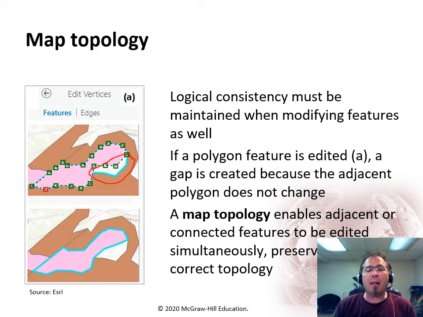The map topology enables adjacent or connected features to be edited simultaneously. As you're editing, it's automatically maintaining that there's not a hole there, and it will also recalculate areas and things like that. So setting up all your map topology, if you know you're going to be in an editing environment, is hugely beneficial.